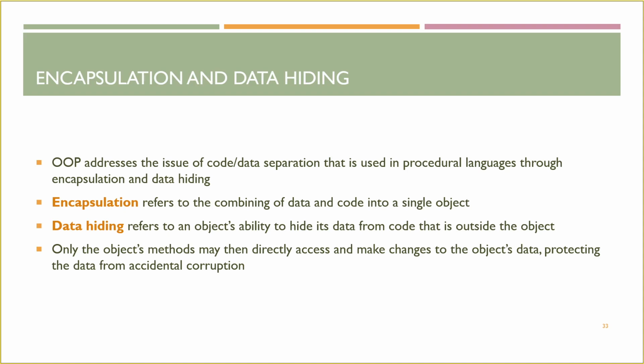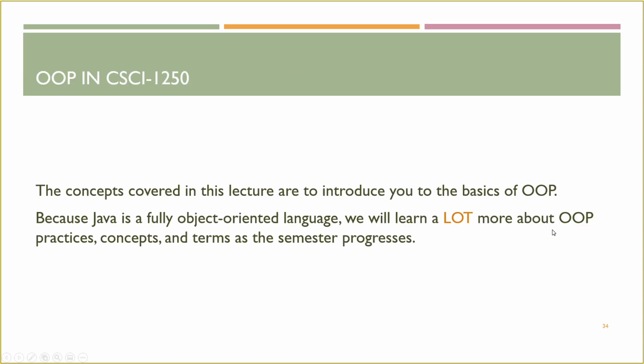With object-oriented programming, we can actually combine our data and our procedures together into one object. Data hiding allows us to make specific things about our object private to the object itself. And I'm not going to spend too long on that. We'll talk about public and private later.